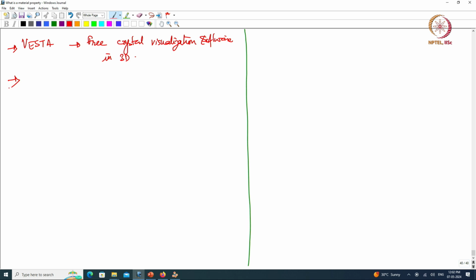First you should put some crystals into this software, and these crystals are available in several databases. The crystallographic files are available in several databases. One of the databases is called COD, the Crystallography Open Database.